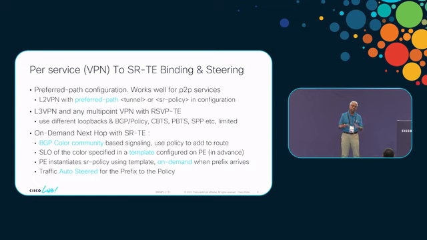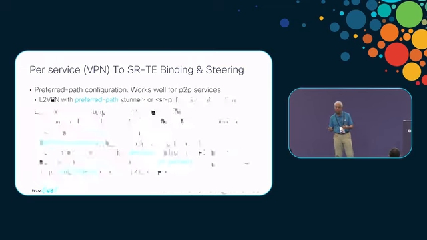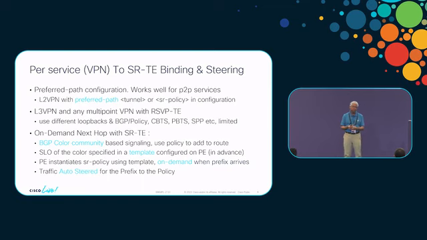Briefly, it involves creating an L3 VPN policy to put a BGP color community. So when an egress PE sends a route to the ingress PE, as a part of the VPN advertisement, VPNv4, VPNv6, or EVPN, you put a route policy to say, add this BGP color community. The ingress PE gets it.